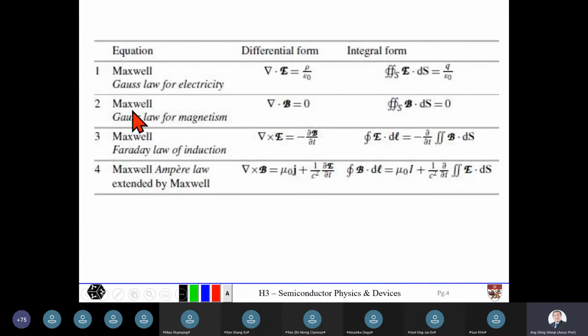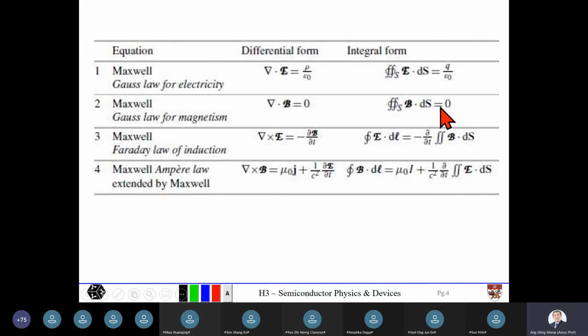Now the second Maxwell equation is Gauss's law applied to magnetism. If you apply Gauss's law to magnetism, in other words the magnetic field, where B stands for magnetic field, and you take the dot product of the magnetic field and the surface vector and integrate over the entire surface, the result is always 0.